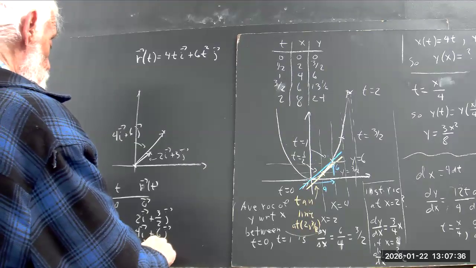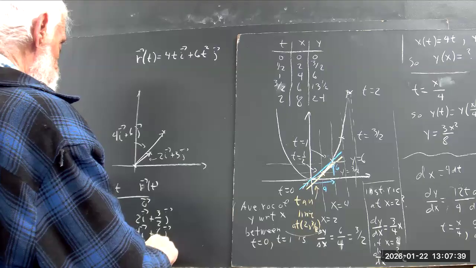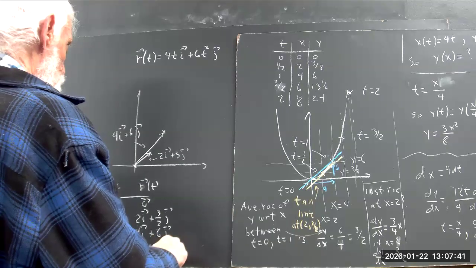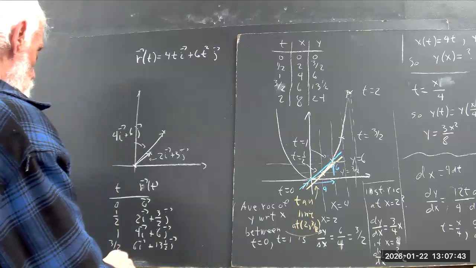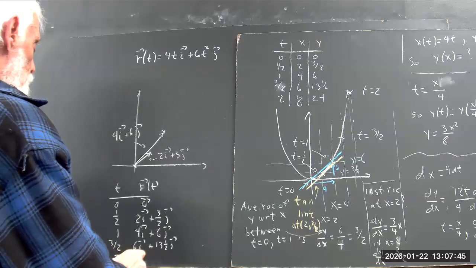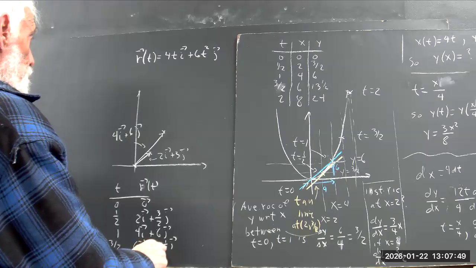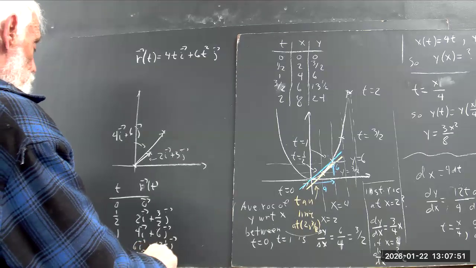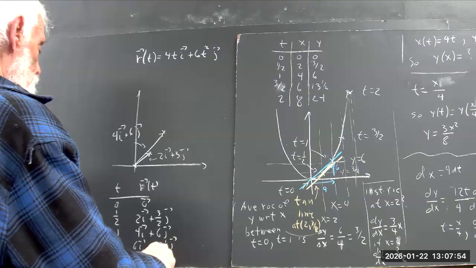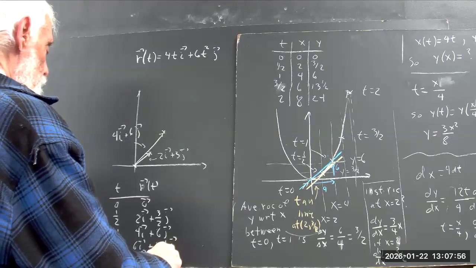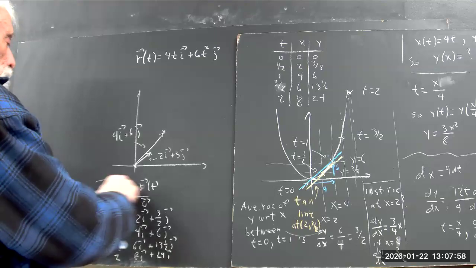That'd be 9/4 times 6, which is 13.5 j. And when t equals 2, we're at 8i plus 24j. That table is very easy to make.